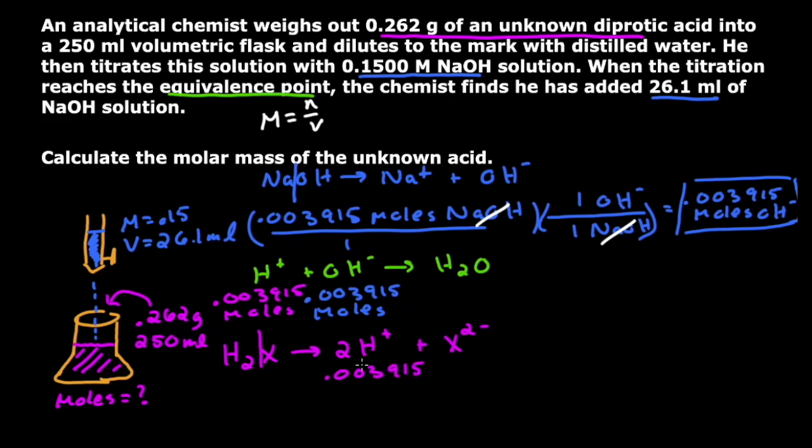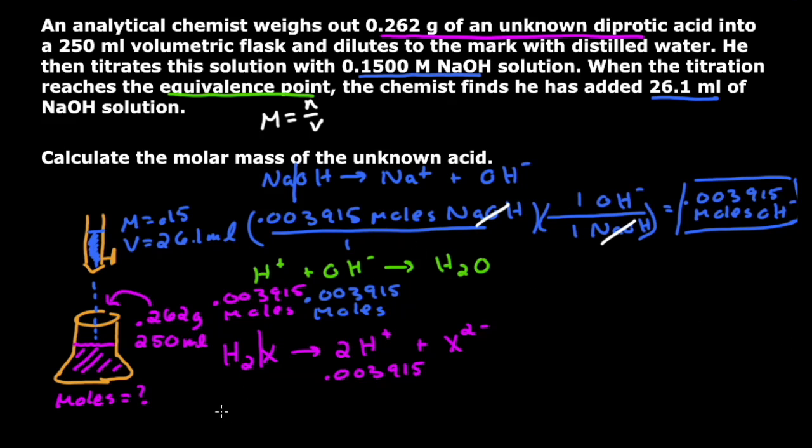And so I'm going to have 0.003915 moles of this, and I need to go to this one because this is what I'm trying to figure out. This is my unknown diprotic acid in here, and I need to get the molar mass of this. So I'm going to do something similar to what I did up here.